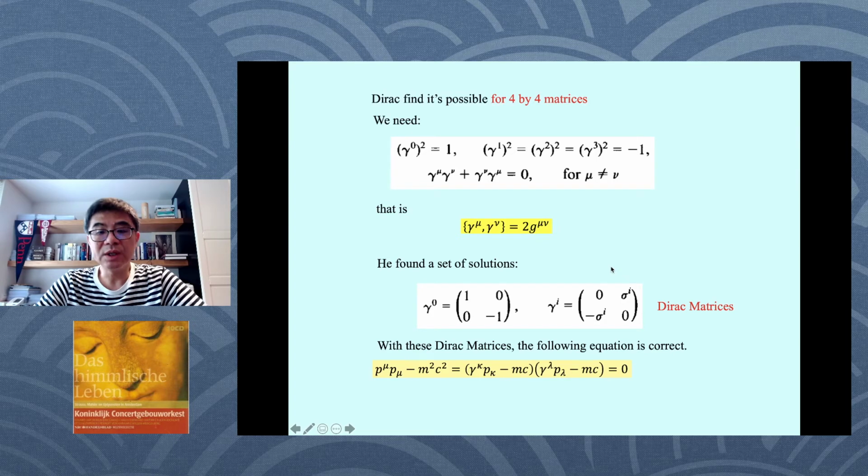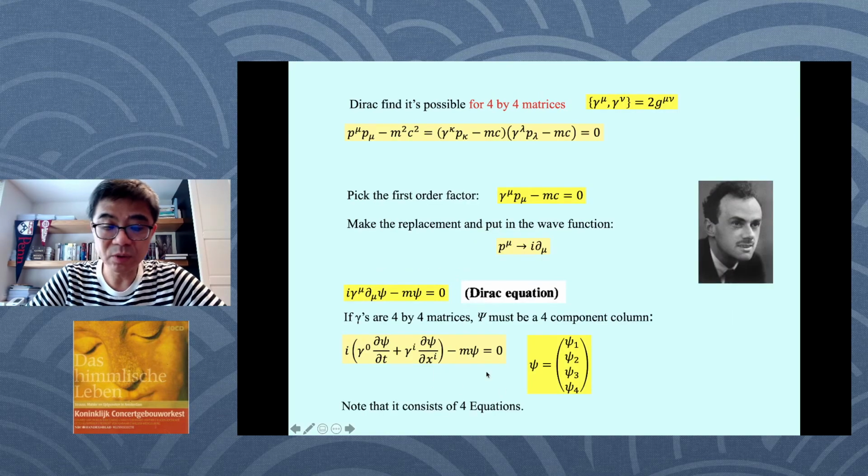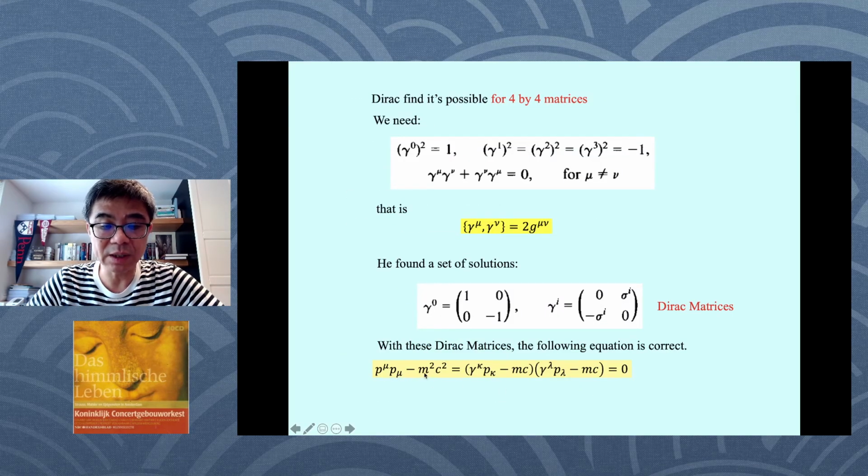Okay, so with the invention of the Dirac matrices, we get a very beautiful relation: the p mu p mu minus m squared, remember, this is a number, could be factorized into matrices. However, if you expand these matrices, you can go back to the relation here. Okay, that's the idea. Of course, when you multiply matrices by matrices, what you get is still a matrix.